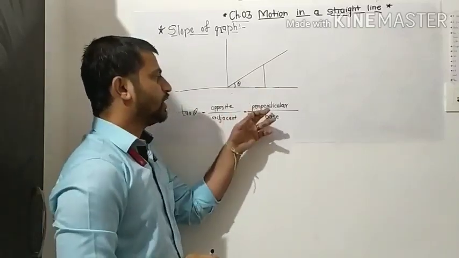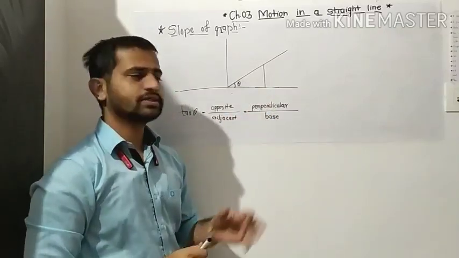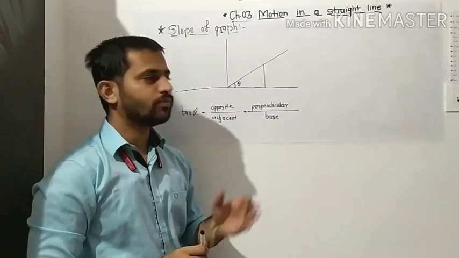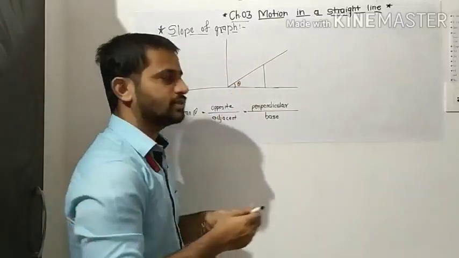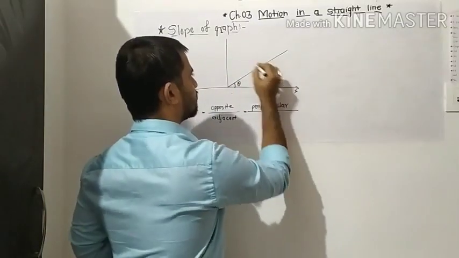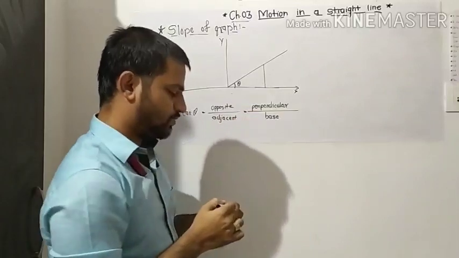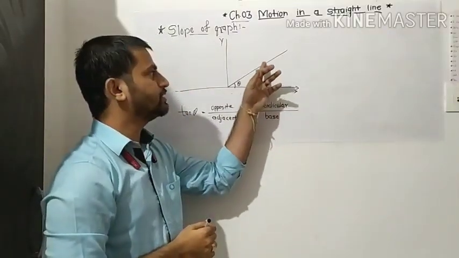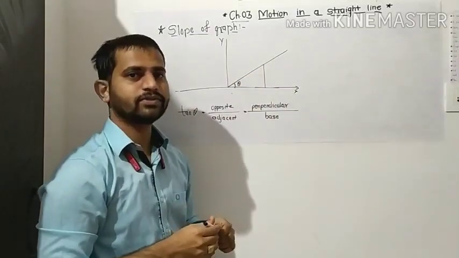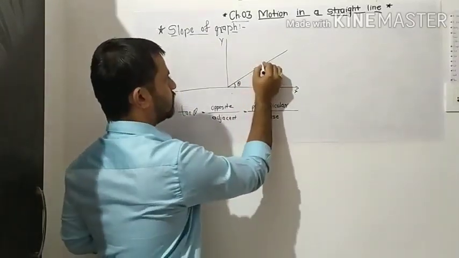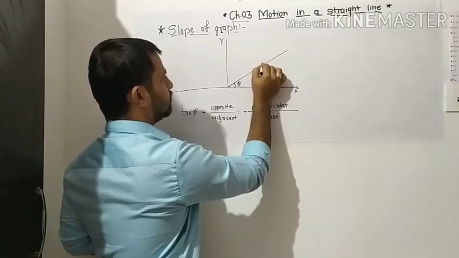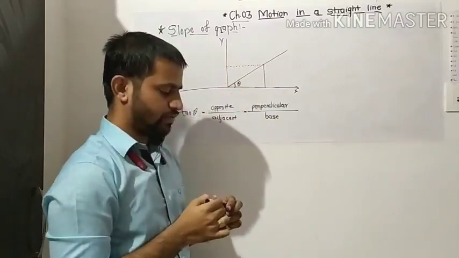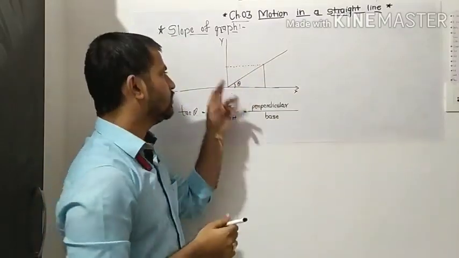So how can we find the perpendicular of this triangle? Suppose this is the x-axis and this is the y-axis, and we have the coordinates. For that purpose, we have to draw one perpendicular from this point on the y-axis.